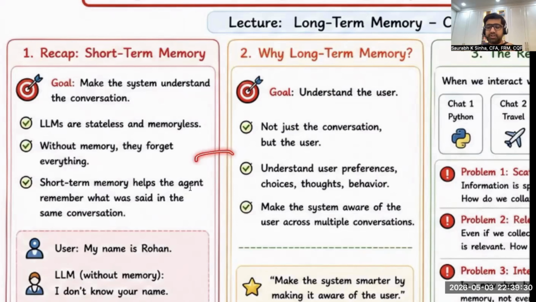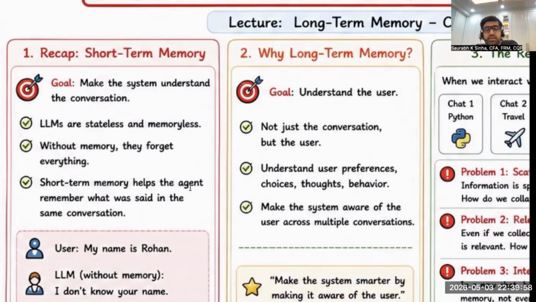Now the shift is to long-term memory. Now the goal, the aspiration has changed. Now the focus completely changes, and long-term memory is about understanding the user. It is not about understanding the conversation. It is about understanding the user. That's it. Understand your user. Not the chat, not the session, not the thread.